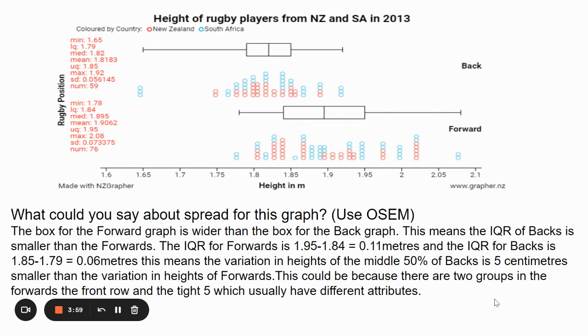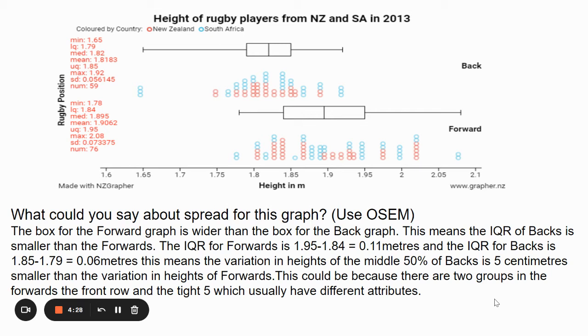The interquartile range for forwards is 1.95 minus 1.84, which is 0.11 metres, and the interquartile range for the backs is 1.85 minus 1.79, which is 0.06 metres. This means the variation in heights of the middle 50% of backs is 5 centimetres smaller than the variation in the heights of forwards. If you can't do that conversion, then just stick to saying 0.05, all right?